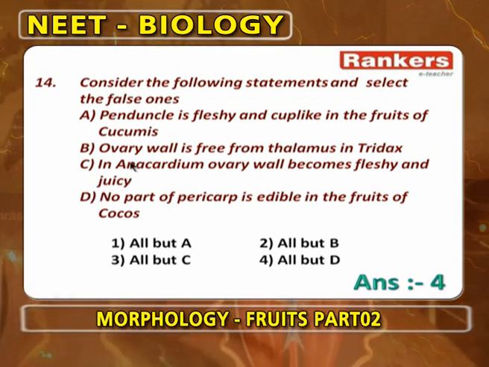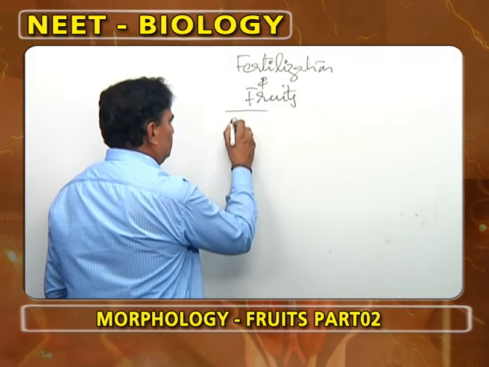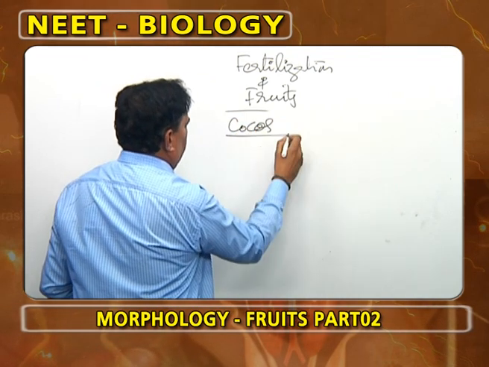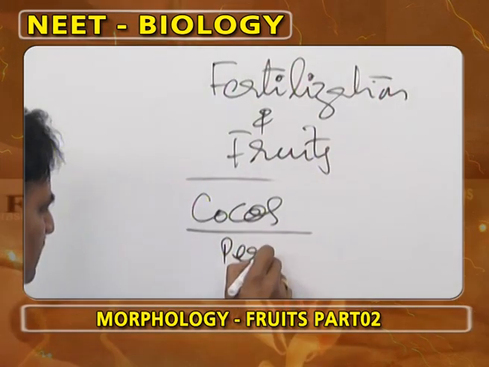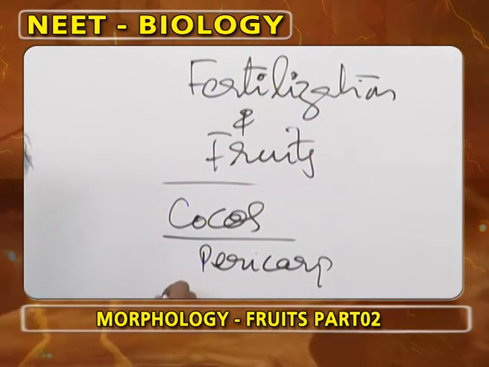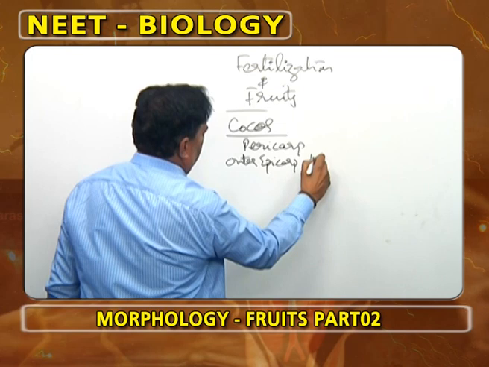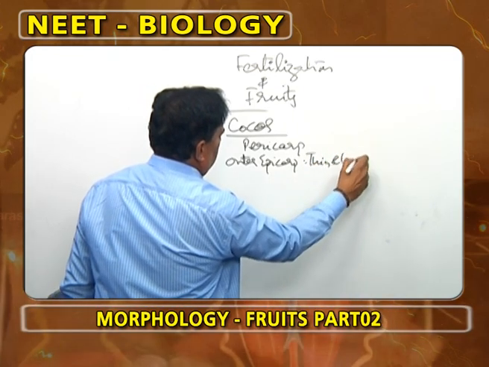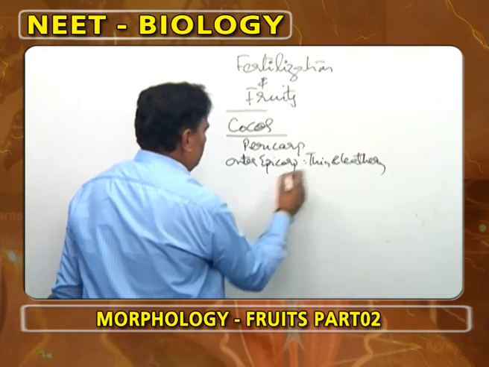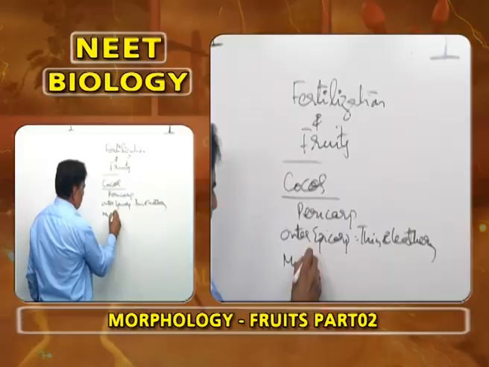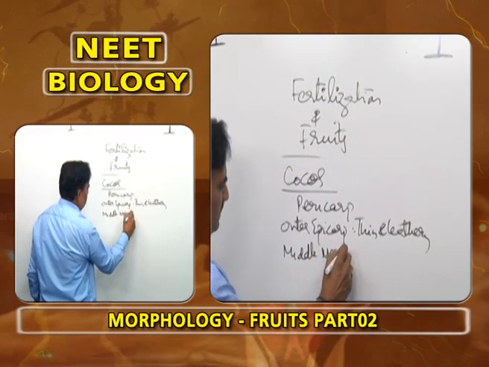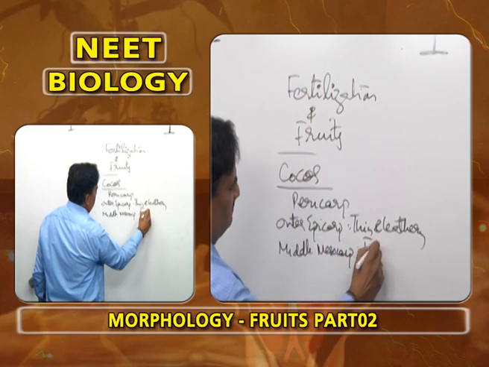"No part of pericarp is edible in the fruit of Cocos" is correct, because Cocos, the coconut, is a fleshy fruit. It shows a pericarp where the outer epicarp is thin and leathery. The middle mesocarp is fibrous.